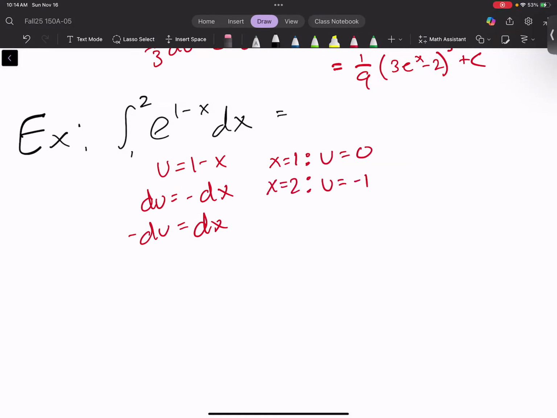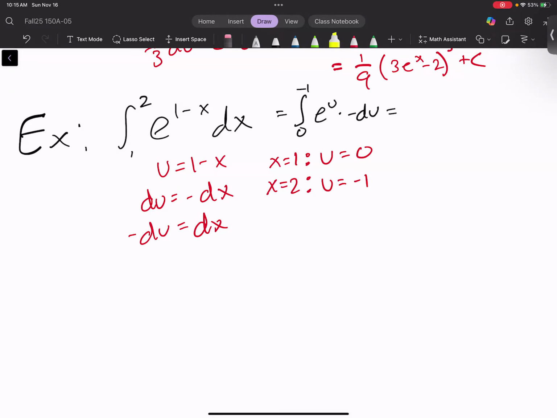So this integral becomes the integral from 0 to -1. Again, those bounds might seem backwards, but it's okay. In terms of evaluating, there's no difference. And then what do we get? e to the u times negative du. One thing we can do is get rid of the negative.